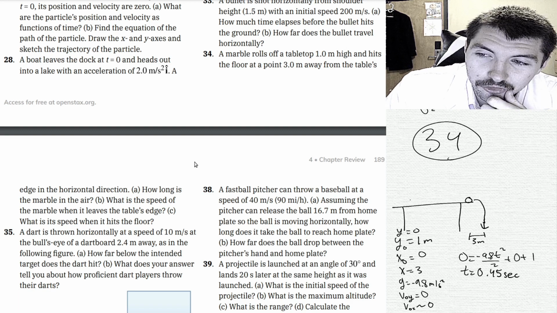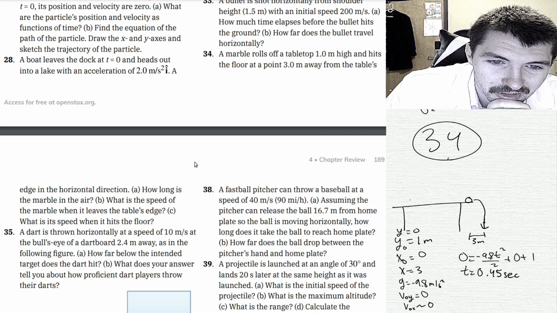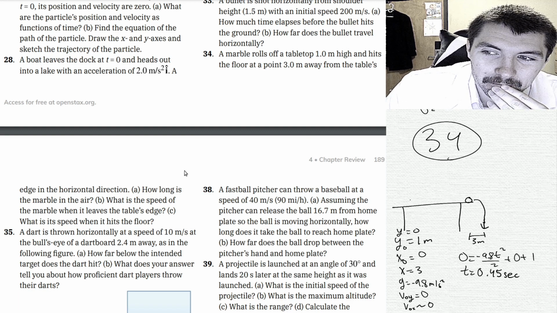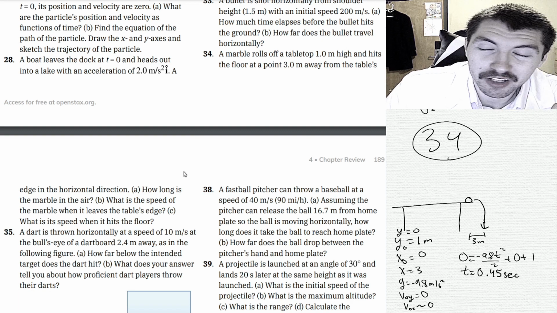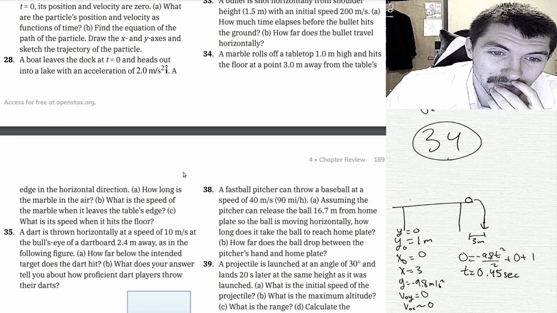It's like, are you really asking me to calculate the velocity in the x direction? I just want to say 0. It would make my life easier if it was 0. So I'm going to unscientifically just say it's 0.